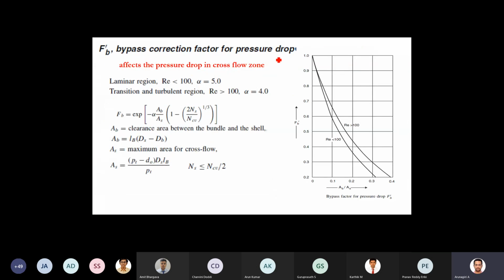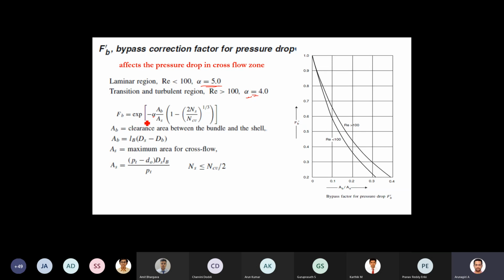So FB dash is the bypass correction factor for pressure drop. As I said, the same method we can use, but the value of alpha is different here. In the previous case we used 1.5 and 1.35 for Reynolds number less than 100 and greater than 100. In this case, for the laminar regime you have to use alpha equal to 5, and for the turbulent regime alpha equal to 4.